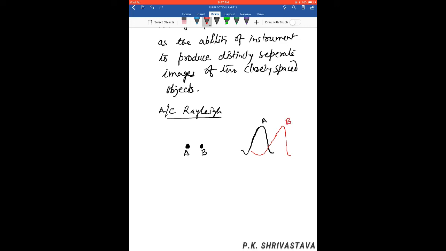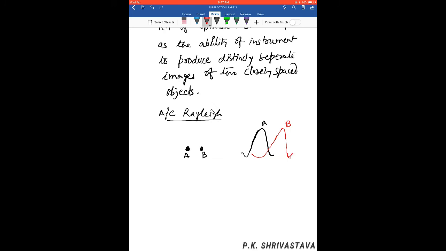This is called Rayleigh criterion for the resolving power, Rayleigh criterion for resolvability.